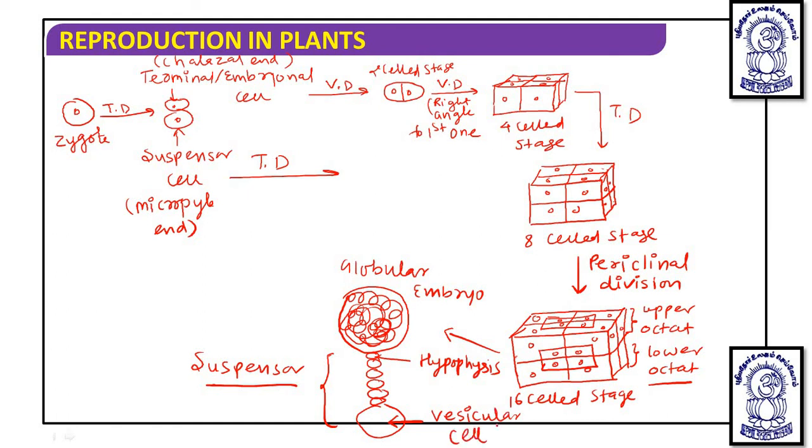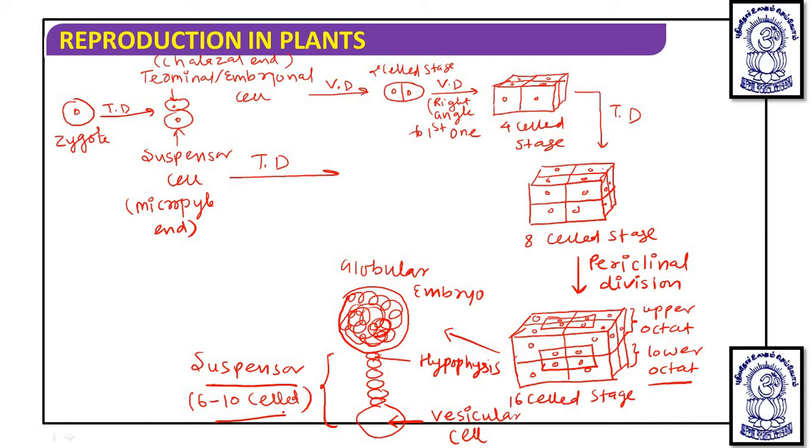So this way the suspensor will be formed. Now according to NCERT, you should remember that this suspensor is 6 to 10 celled.